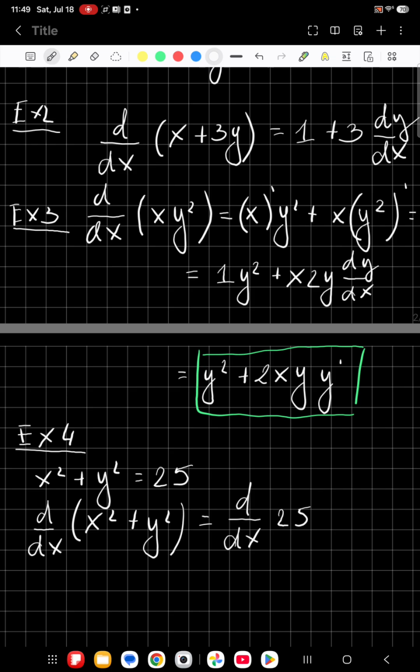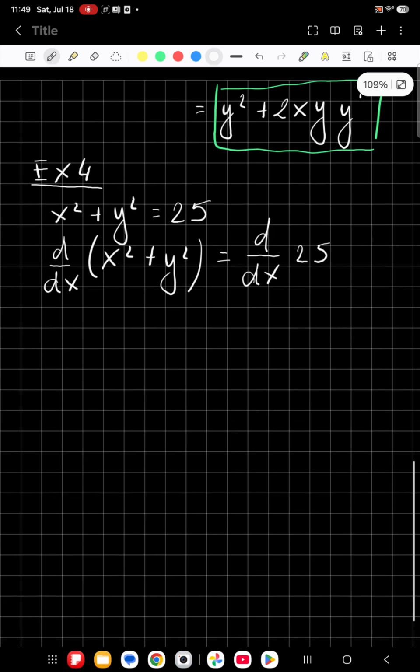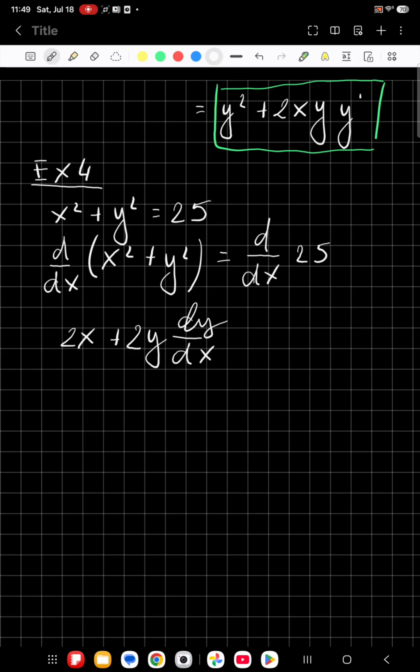On the left side, I'm taking the derivative of x squared first, and then the derivative of y squared. The derivative of x squared is 2x. Now the derivative of y squared is 2y, and now the derivative of the inside is dy/dx. The derivative of a constant is 0.